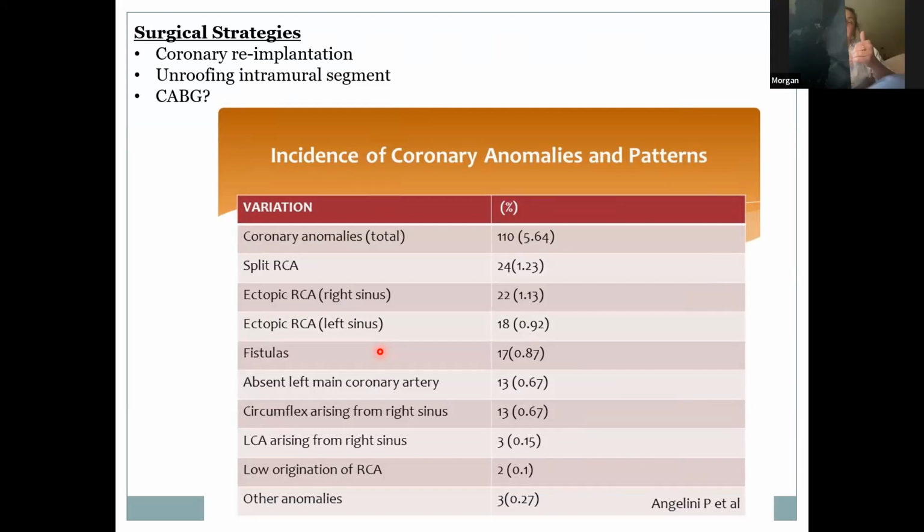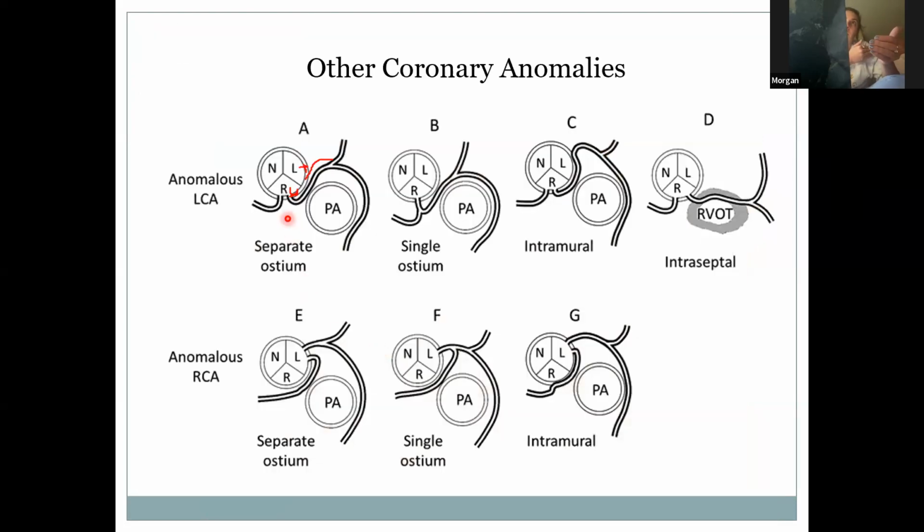Okay, so the anomaly wasn't coming off the aortic root, but it was coming off the actual main right coronary artery. Okay, so like this, where there's a single ostium. Yeah, you can see there are different permutations. So what you saw was this.